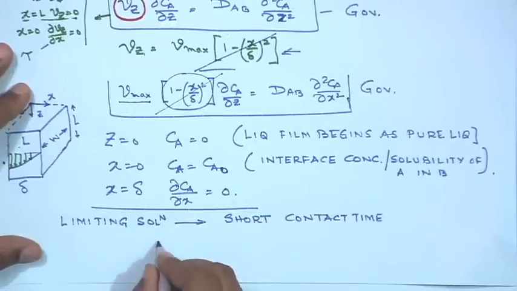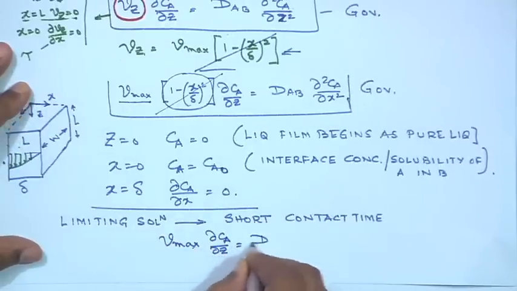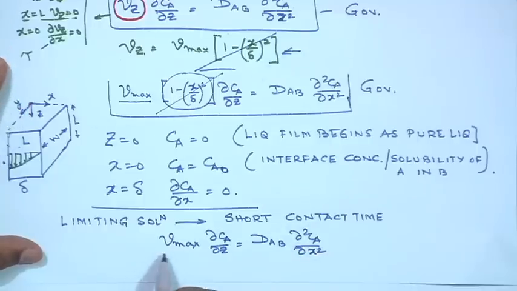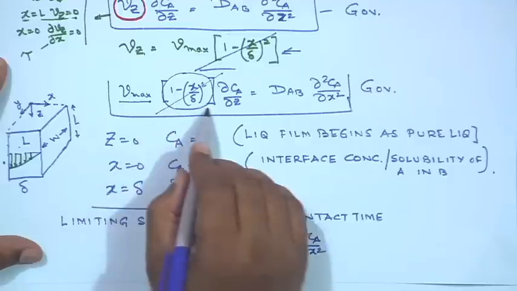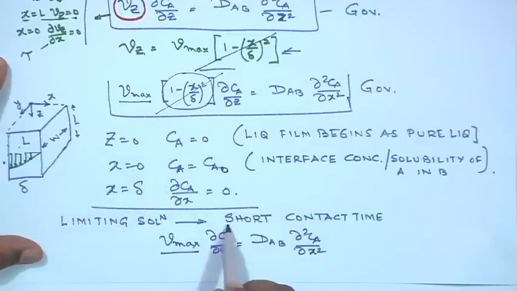So, the modified equation for short contact time is going to be Vmax del Ca del Z is equal to dAB del square Ca by del x square. So, this dependence of velocity on x is no longer relevant for the case of short contact time.